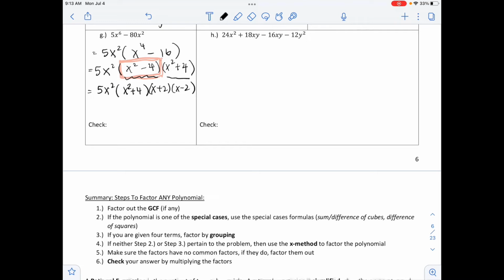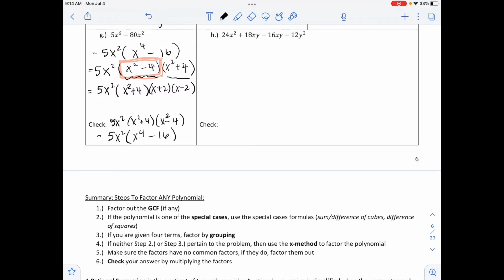It's factored completely. Again, to check this, we have a 5x squared times x squared minus 4. Multiplying x plus 2 times x minus 2, we are going to get an x squared minus 4. Multiplying the x squared plus 4 times x squared minus 4, we still have that greatest common factor out in front, but we'll even have x to the 4th minus 16.